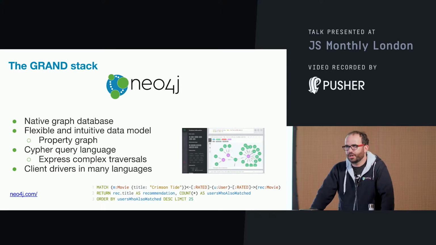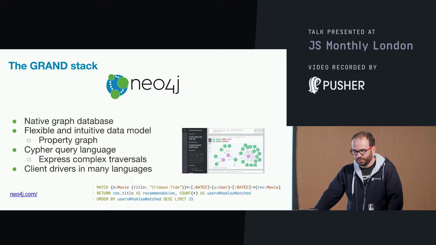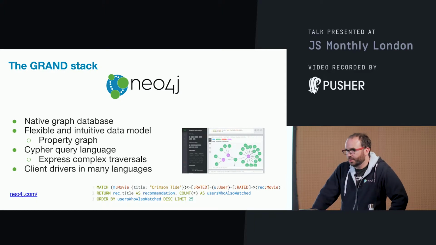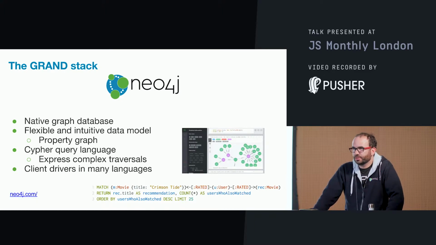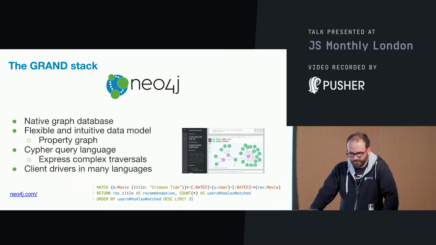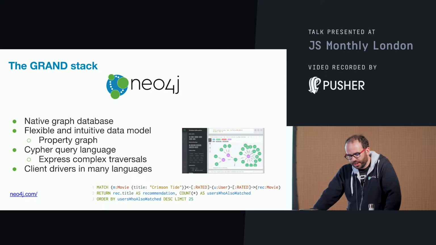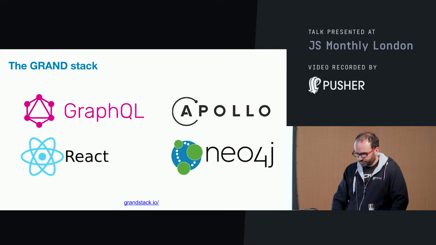We can store arbitrary key value pair properties on nodes and relationships. We use the Cypher query language for working with data in Neo4j. You can see an example at the bottom of the screen there. And then we have client drivers in lots of different languages for working with Neo4j. So in the example today, we'll be using the JavaScript driver for Neo4j.